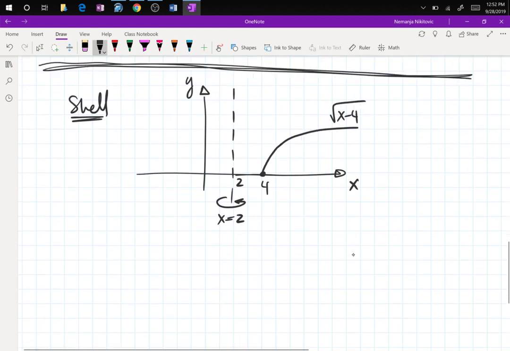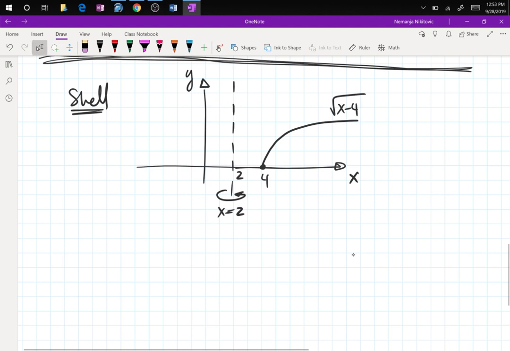Right? So now we have the volume to be 2 pi integral, and let's say you are going from 4 to, let's say, 8. It doesn't really matter, but let's say that's what you want.